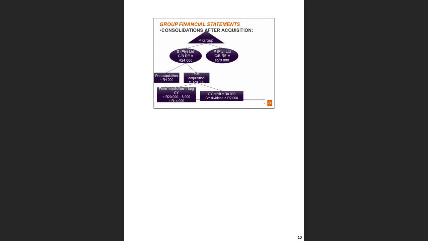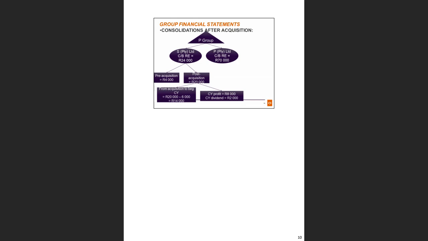So this 4,000 Rand is known as the pre-acquisition profit or pre-acquisition retained earnings. This is the amount that will be eliminated when P acquires S. This is known as the retained earnings on acquisition, and this will be eliminated in the pro forma journal entries in the group.